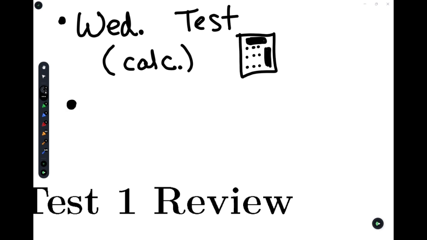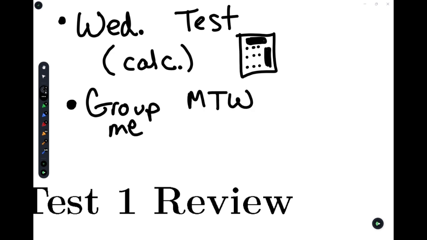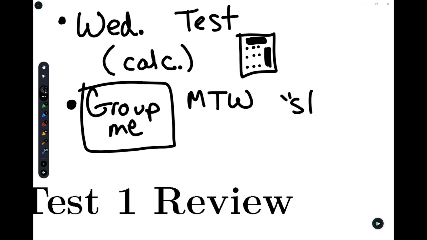Thing number 2, GroupMe. There's no better day than Monday, Tuesday, and Wednesday to be sending questions and answers and feeding off of each other, and you see somebody else studying, so you think, oh, I should be studying, that kind of thing. So please be studying, right?